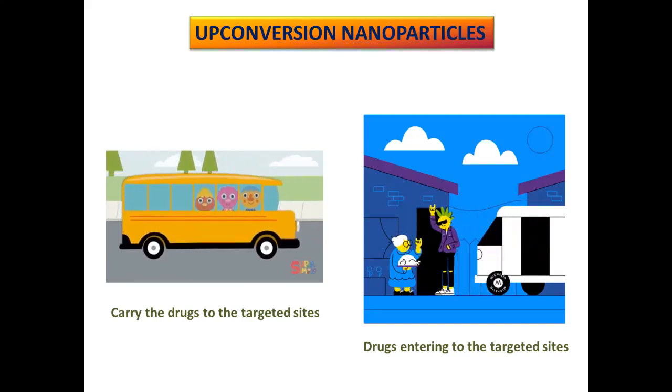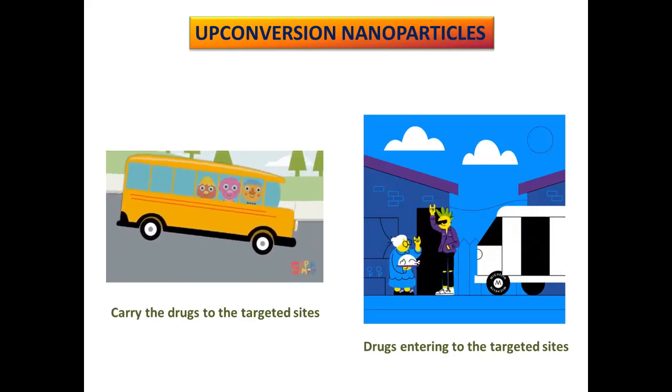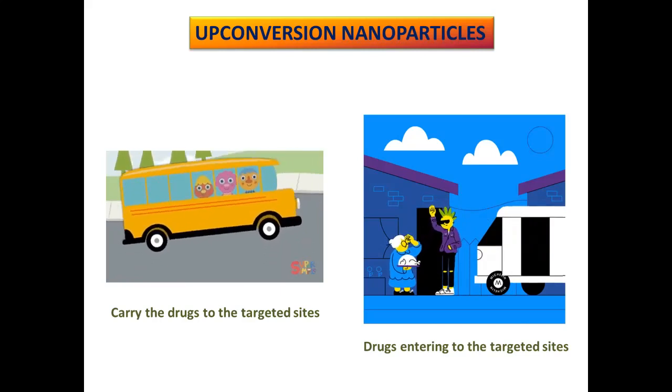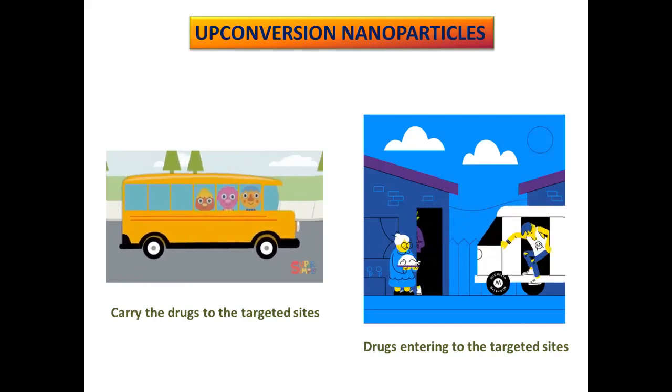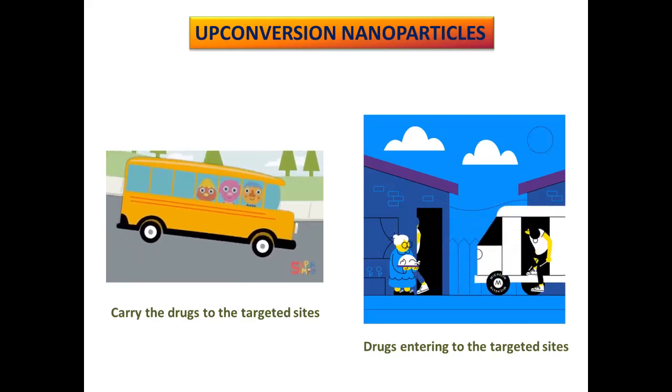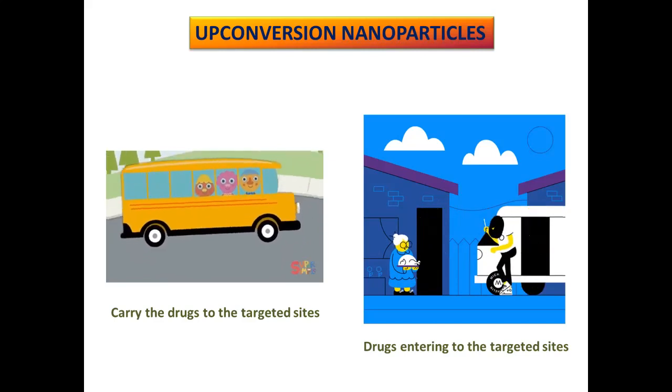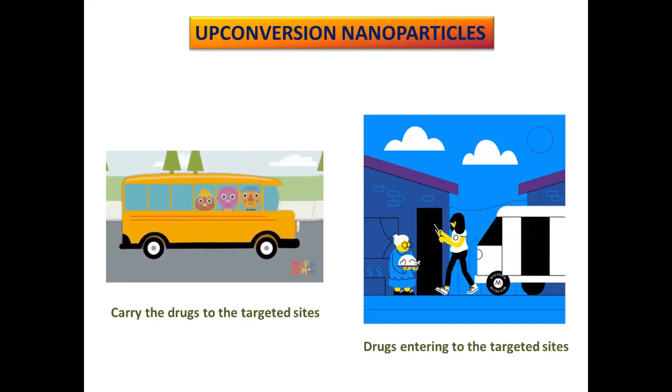Actually what happens is, for example, NaYF4 or iridium, they have been attached to the photosensitizers, either by covalent conjugation or by absorption, or by coating them during the process of synthesis.